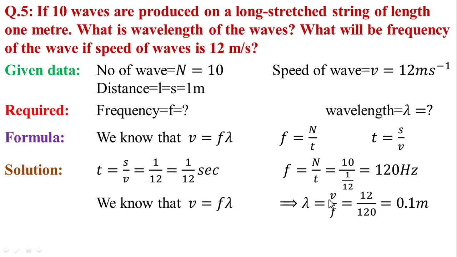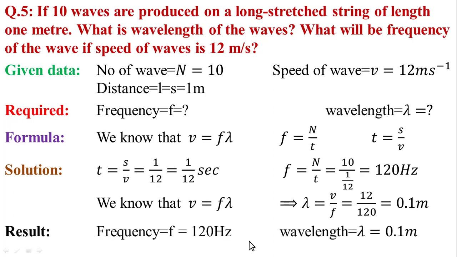So wave speed v is equal to 12 and frequency f is equal to 120. Then lambda is equal to 12 divided by 120, which is equal to 0.1 meter. So the result: frequency f is equal to 120 hertz and wavelength lambda is equal to 0.1 meter.